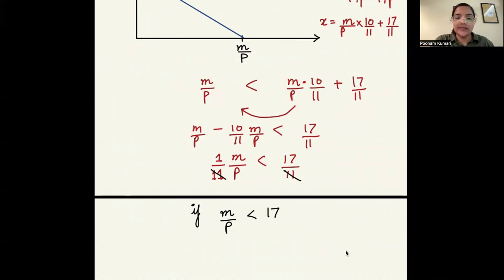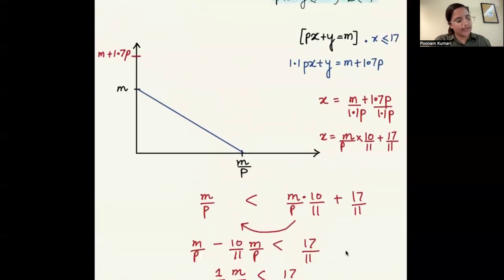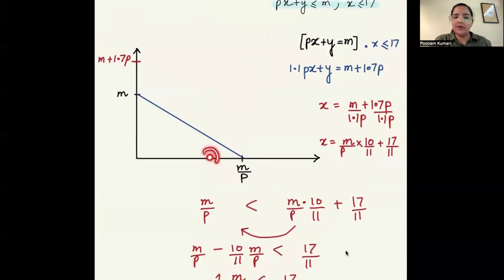Otherwise, m by p will be greater than m by p into 10 by 11 plus 17; it is the other way around, right? So we cannot say anything for sure. It could be that this point is here, or it could be that this point is here, right?